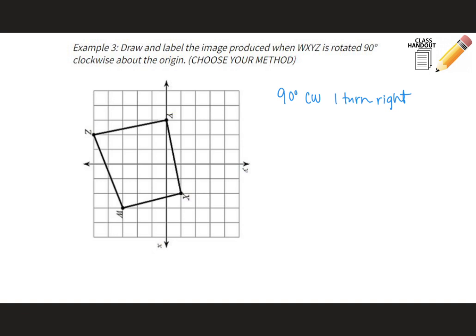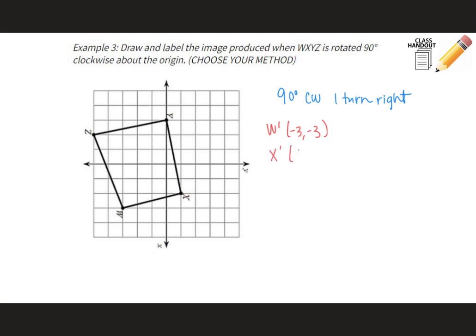And remember, when we write down our new coordinates, this is our new x-axis and this is our new y-axis. So starting with, maybe I'll go in order of the letters. Let's start with the point W. So the point W, that's going to be -3, -3. So W prime, -3, -3. Now we're going to do the point X. So here's X, that's 1, -2.